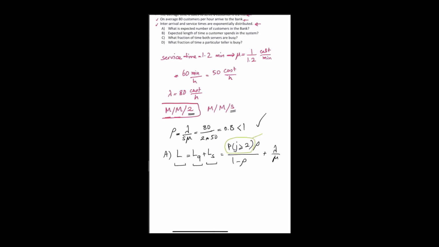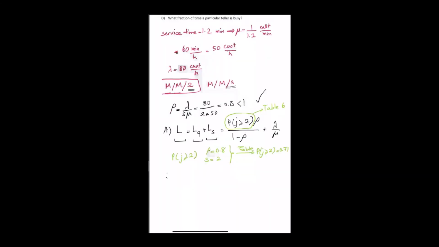This is the part that I can find from table 6 of the textbook. To be able to find probability of J greater than or equal to 2, I need to know rho, which is 0.8, and I need to know S, which is 2. Then using table 6, probability of J greater than or equal to 2 is going to be 0.71.